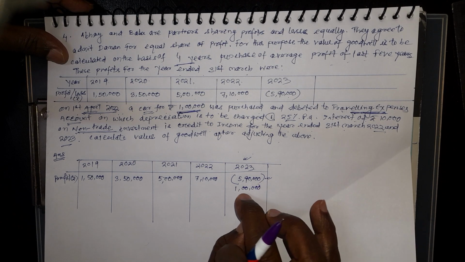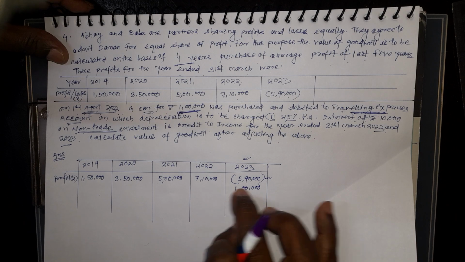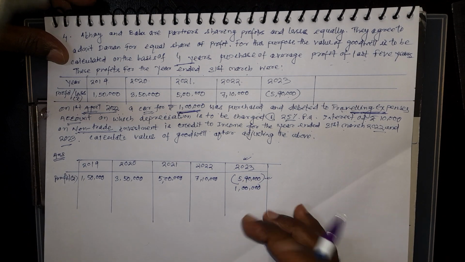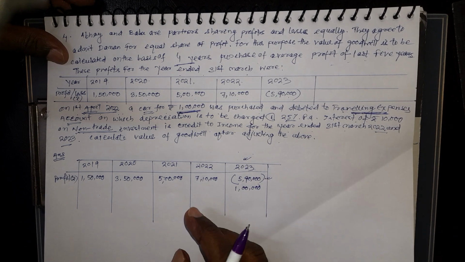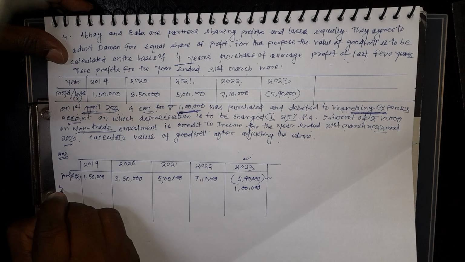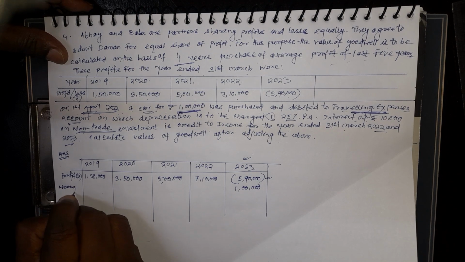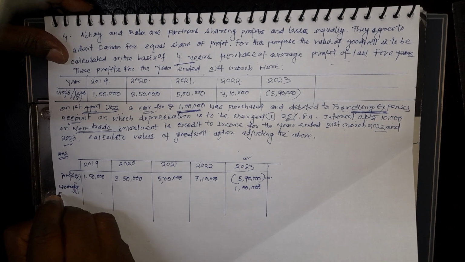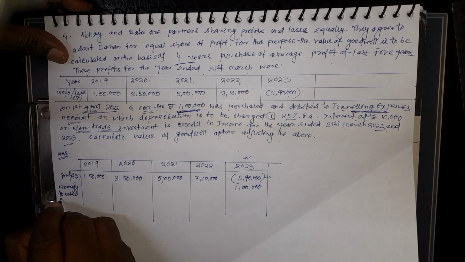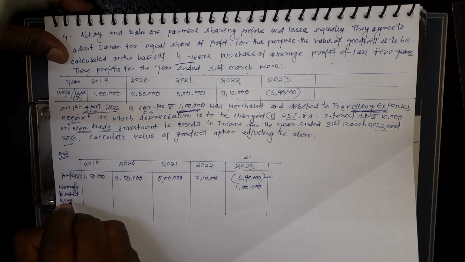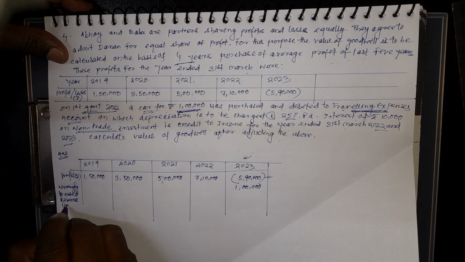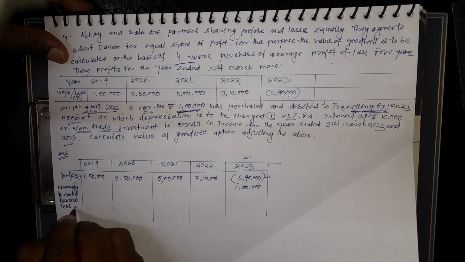So we will not write the 1 lakh; the loss will reduce, and now the loss will be 4,90,000. Clear? So we will write it as wrongly treated revenue nature. Clear?